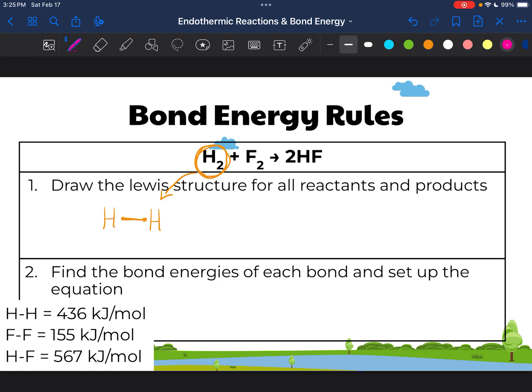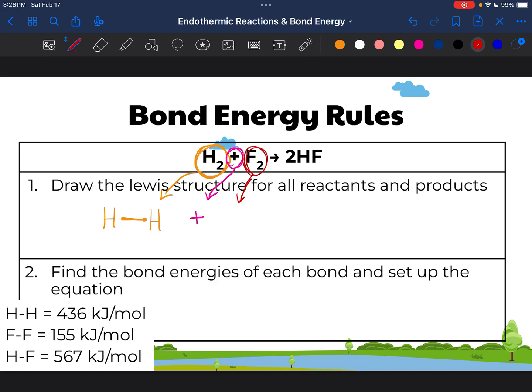Now, I'm just going to make sure that the plus sign follows through, so I'm going to put a plus sign following with the F2. Same process, but here's the thing. You don't actually have to be that technical.